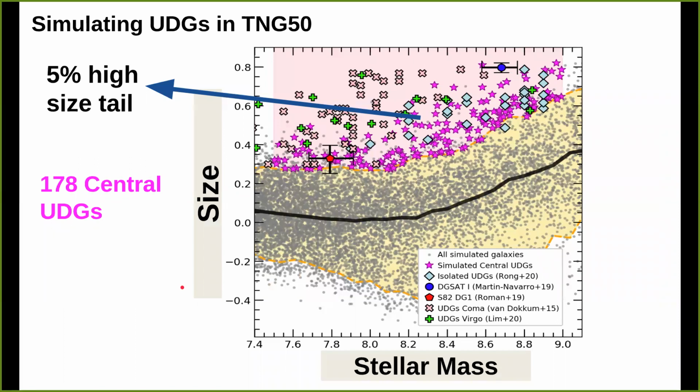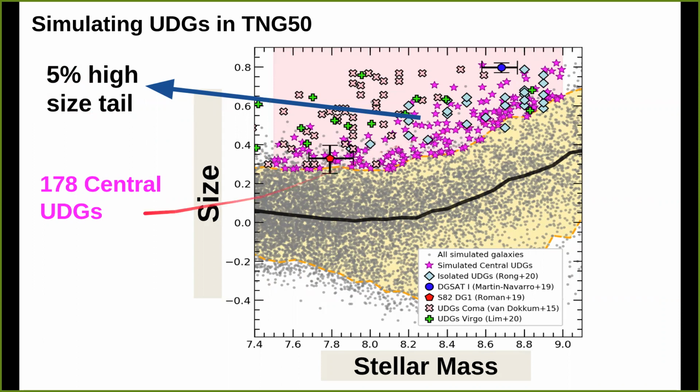For this, we define as UDGs those galaxies with stellar masses between 7.5 and 9 in log scale and above the 95% of the mass-size distribution, or the 5% of the high-size tail in this distribution.